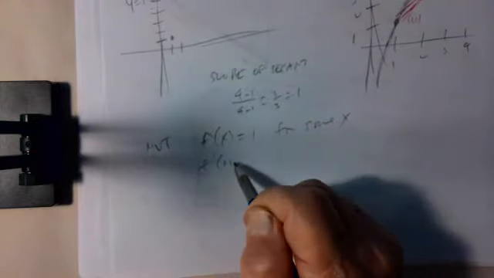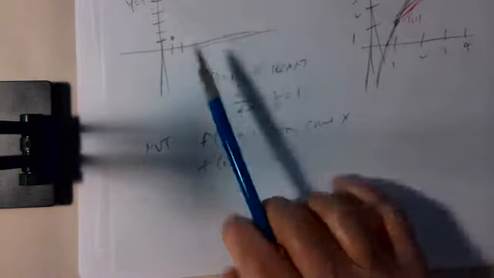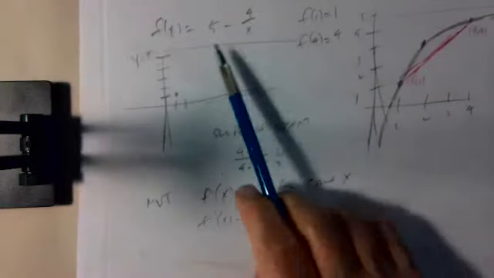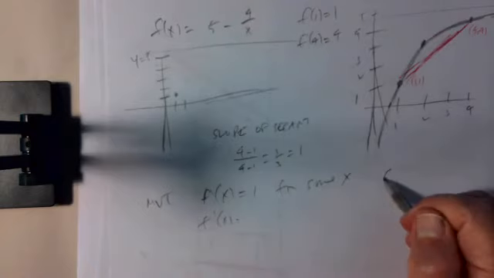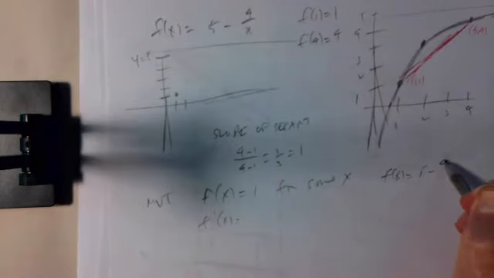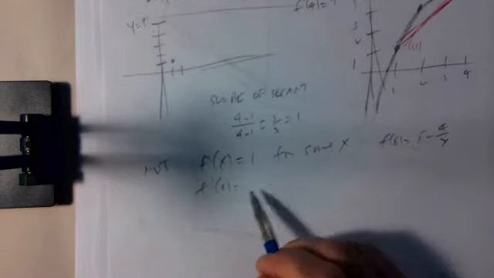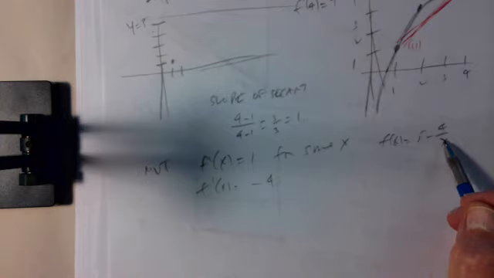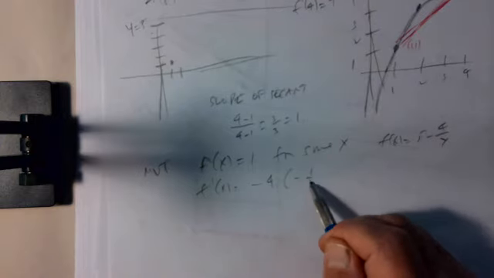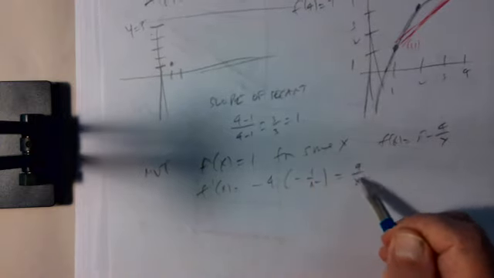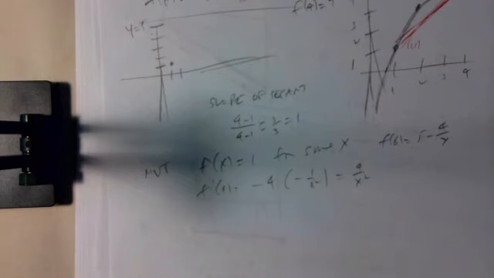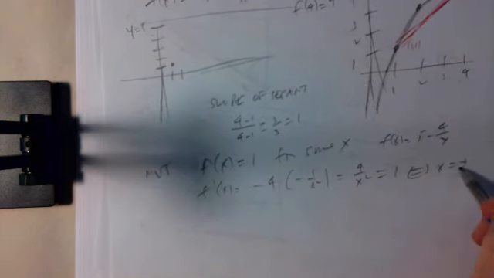Well, what is f prime of x? f of x is 5 minus 4 over x. You differentiate 5, you get 0. So the derivative of 5 is 0, minus 4, the derivative of 1 over x is minus 1 over x squared. So the derivative is 4 over x squared. And that equals 1 if and only if x is plus or minus 2.